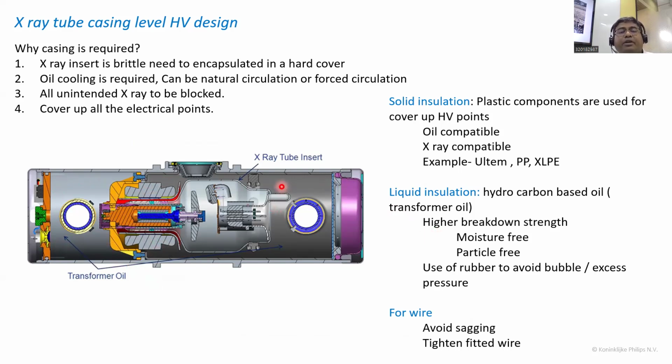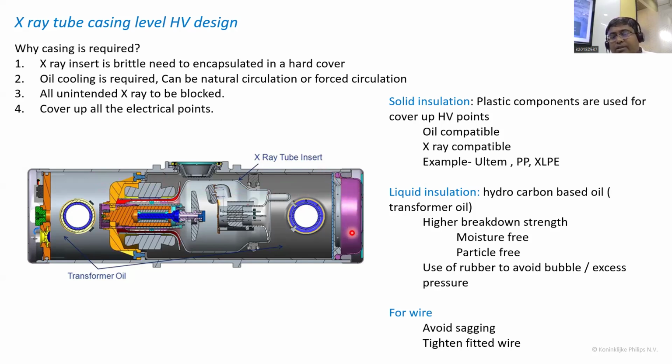It is basically an oil-filled device, generally with transformer oil, for high voltage and cooling purposes, the same concept as a transformer. Apart from the oil, solid insulation, which you can see here, is used to strengthen the breakdown strength between the high voltage part and the ground part.